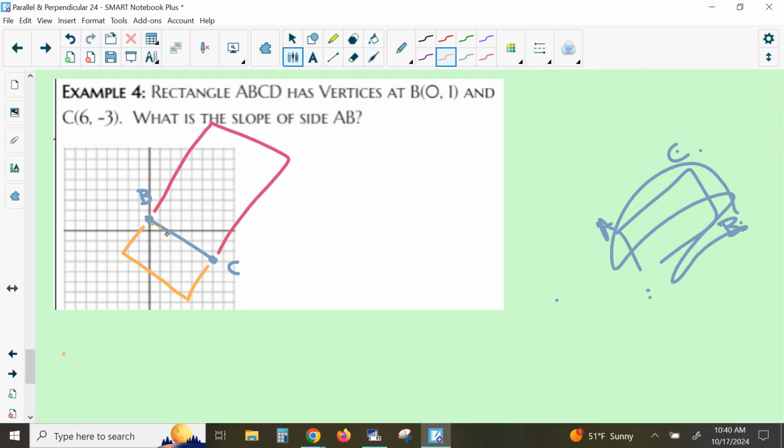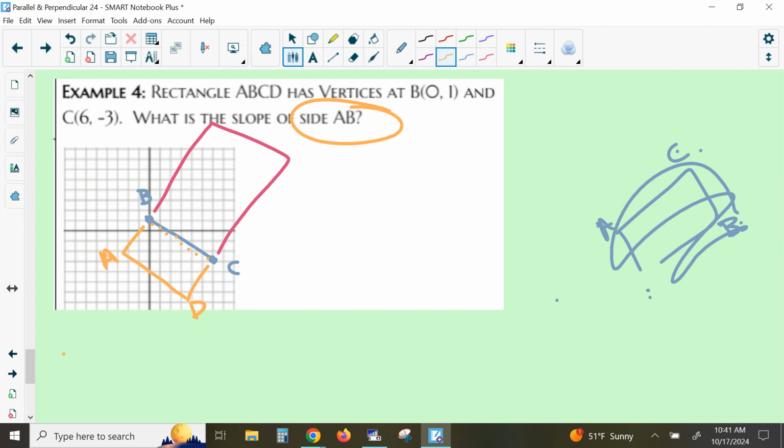Okay, so basically this is my orange guy, right? So we wanted to know what the slope of side AB is. Okay, now we need to get some letters. If I'm looking at the orange guy, what letter has to go there? A. And that means D has to be here, because then it'll be in order of A, B, C, D, okay?